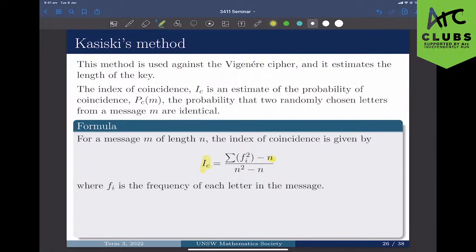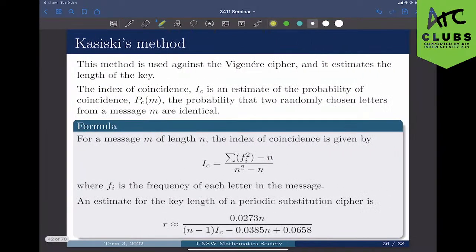Here we have n being the length of the text, and here we have the sum of the Fi squared, where Fi is the frequency of each letter in the message. So for example, if A comes out in this message 5 times, then Fa will be 5.